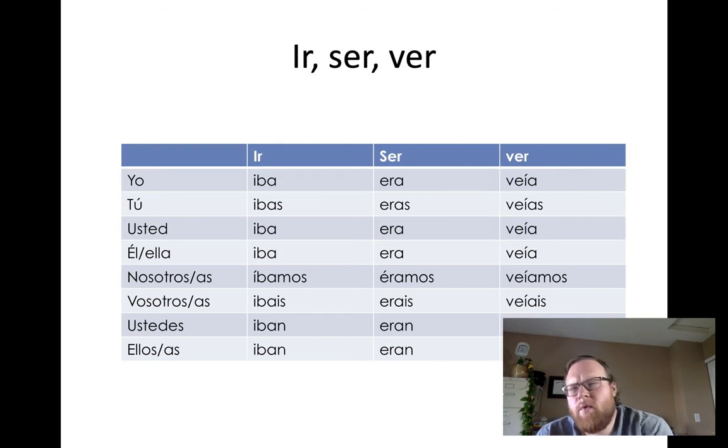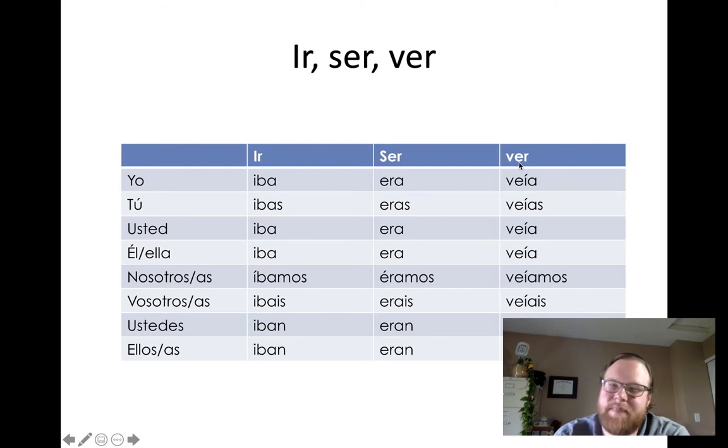And then, if we look at ver, our last one here, it's barely irregular. Essentially, all that we're doing is we're keeping the e of the stem. With a regular verb we would take off the ar, the er, the ir. Here we're only taking off the r.